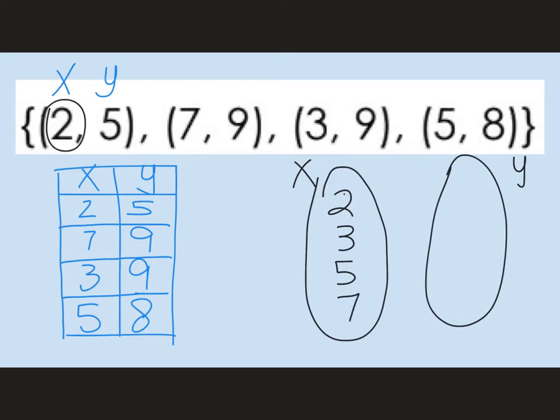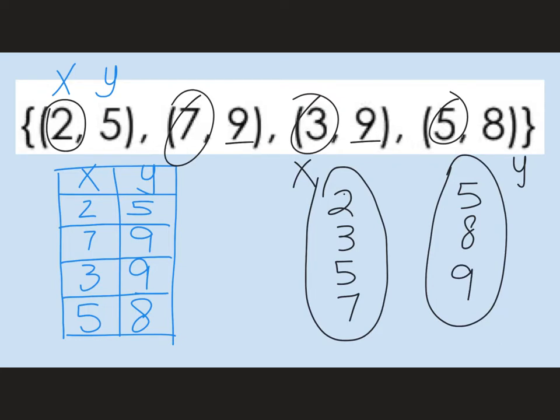Because we're looking at all the X values. All right, now the Y values, we're going to do the same thing, but we do not have to repeat any, because if you notice, 9 is there twice, so it only needs to go in once. So what is the smallest Y value? 5, and then 8, and last but not least, 9.